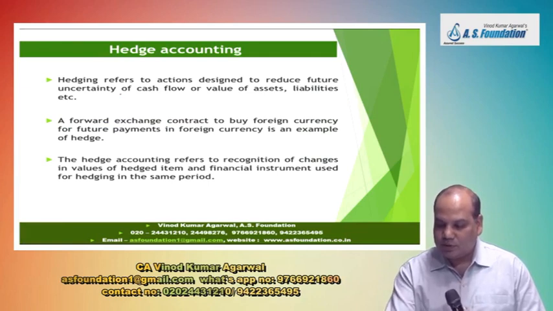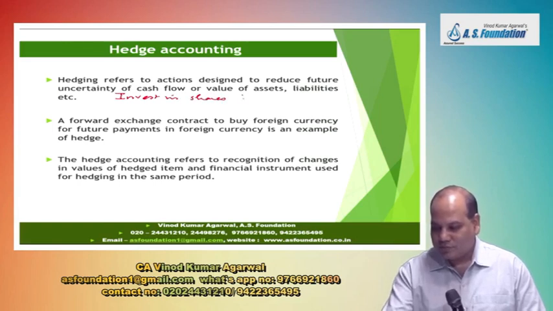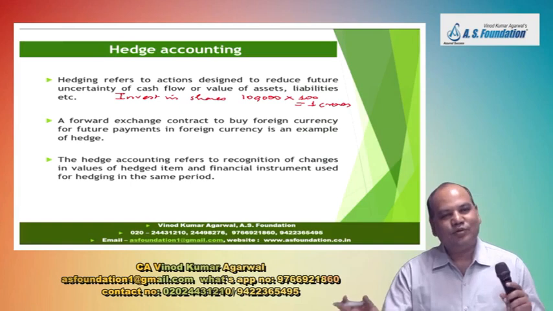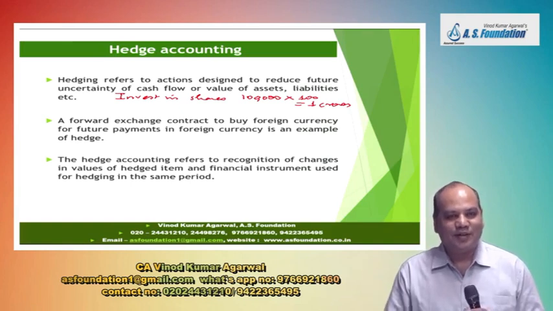Or say for example, you have an investment in shares, 1 lakh shares. Market price is 100 rupees today. So the value is 1 crore. You want to sell it after 6 months, convert into rupees, cash, and then you go to Stanford to study the MBA course.